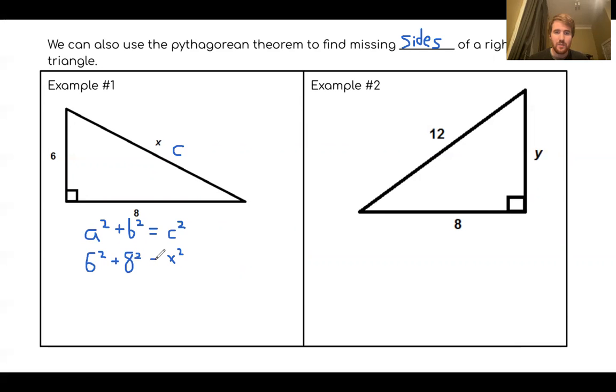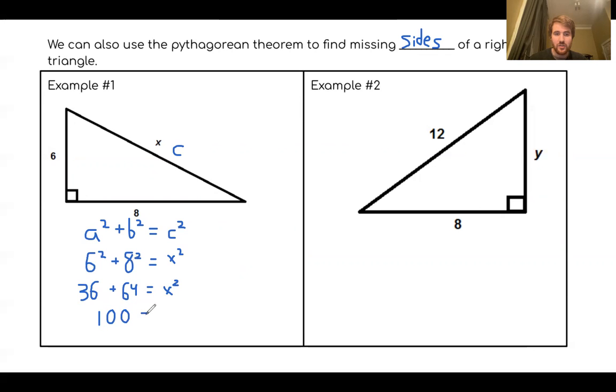So we know that 6 squared plus 8 squared equals x squared. 6 squared is 6 times 6, which is 36, plus 8 squared, 8 times 8, 64, equals x squared. 36 plus 64 is 100.